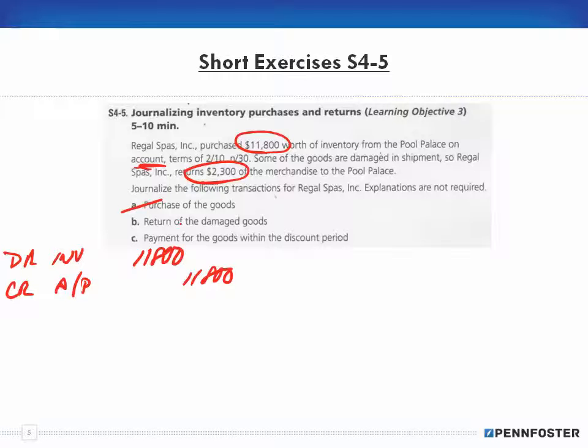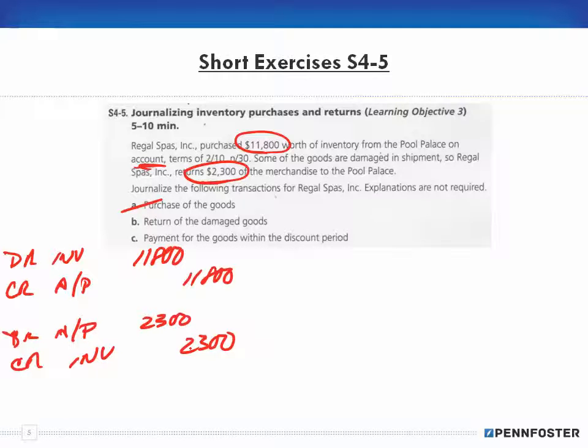All right, so where we're at in that right now, the whole idea is when you have a return, that's a credit memo, and all you're doing is reversing your entry. So if I have, I'm returning 2,300. So if I have a debit to inventory and a credit to accounts payable, that means I'm going to debit my accounts payable for 2,300, and I credit my inventory for 2,300.